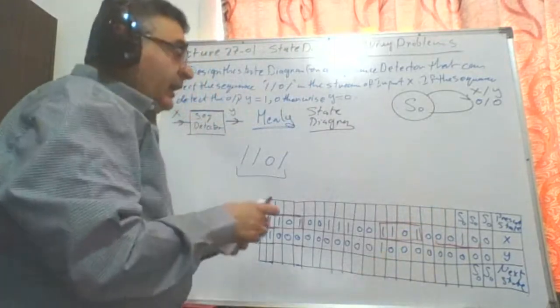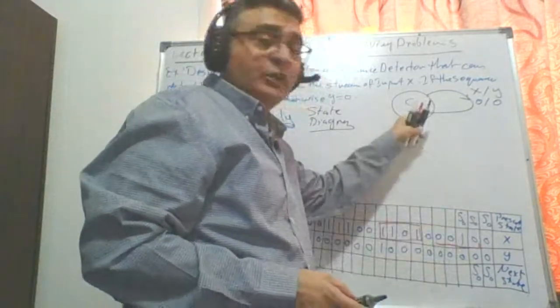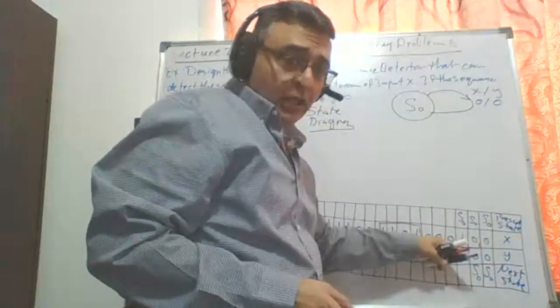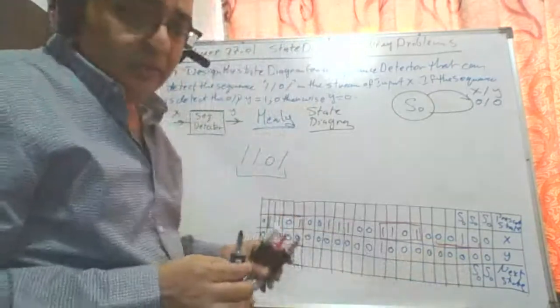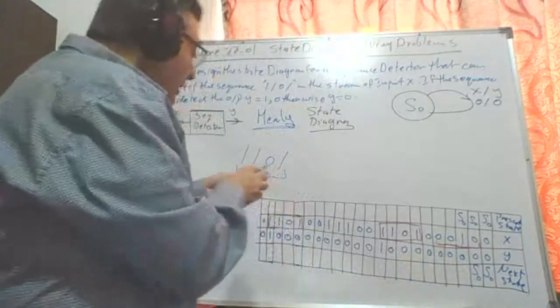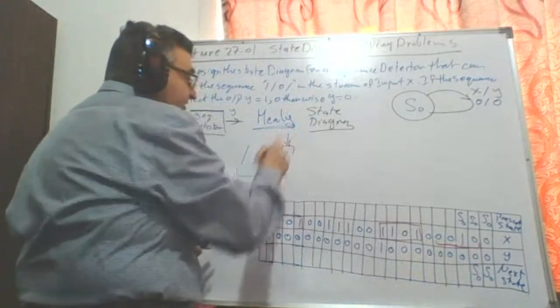So I cannot stay in S0, because S0 indicates I don't want to keep any history. But after receiving the first 1, I want to keep in my memory that I received the first 1, so I have a potential to complete the sequence.